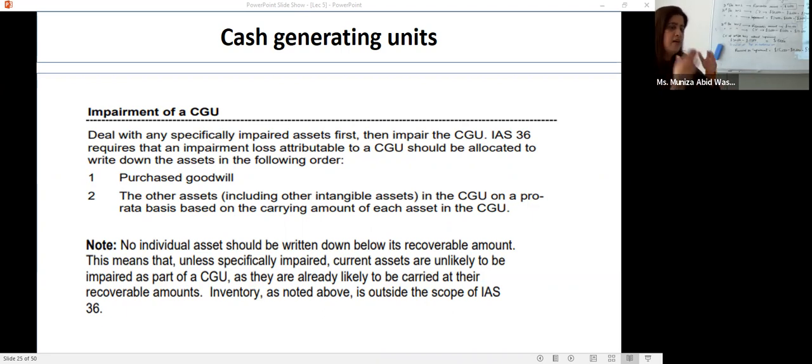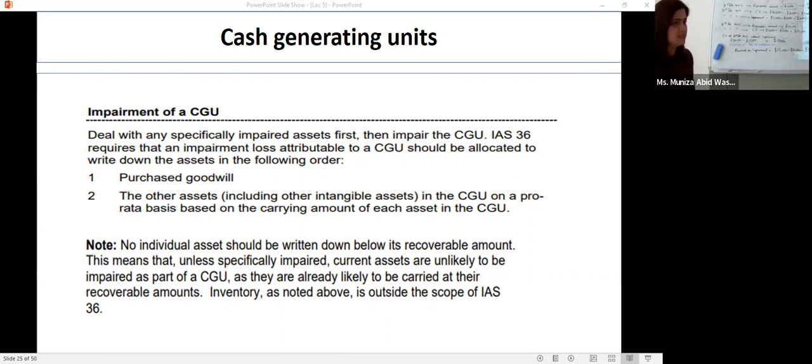It means that as per their carrying value, which is shown in the SOFP, we are going to give the portion of the impairment losses to those. So this is what they are telling us. Deal with any specifically impaired assets first, then impair the CGU. IAS 36 requires that an impairment loss attributable to a CGU should be allocated to write down the assets in the following order.